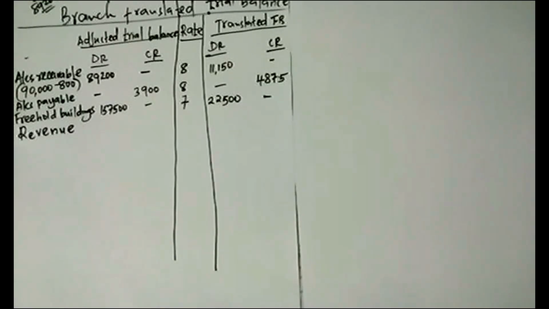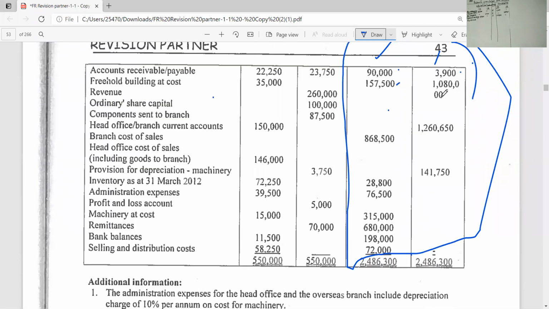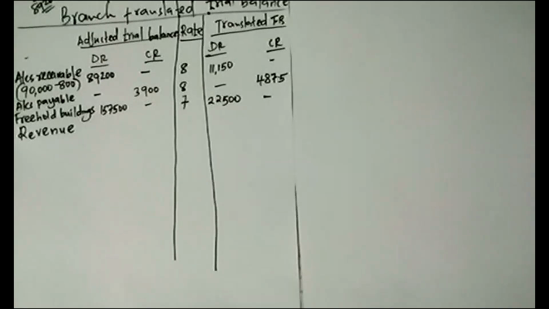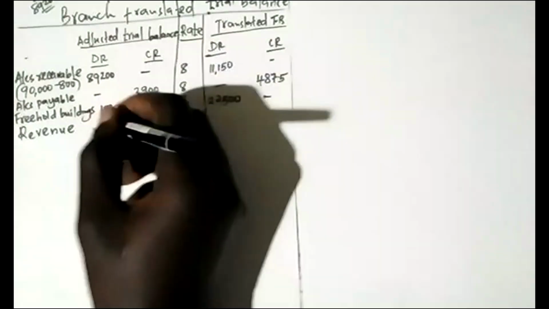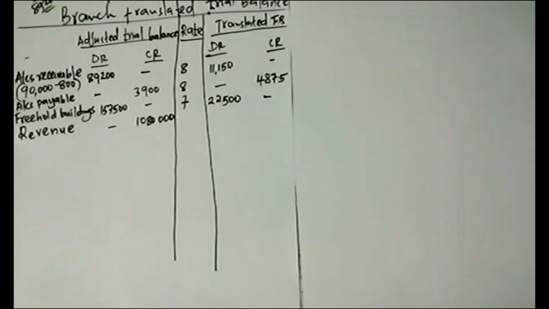Revenue was given for the branch. You can see the revenue here is 1,080,000. Revenue is an item of an income statement.